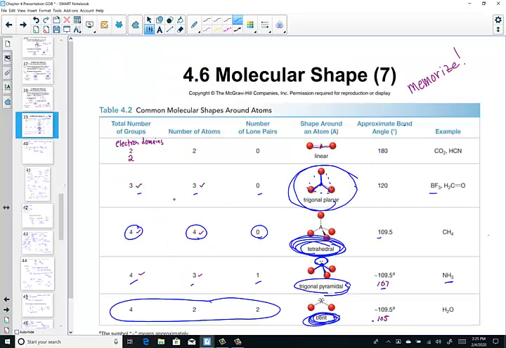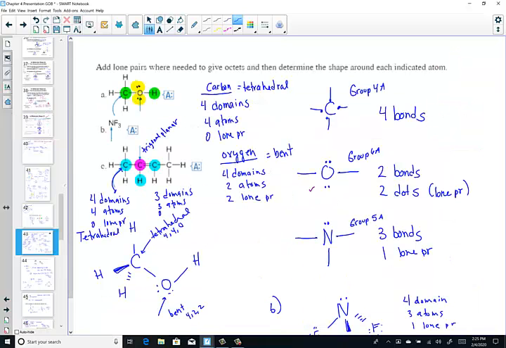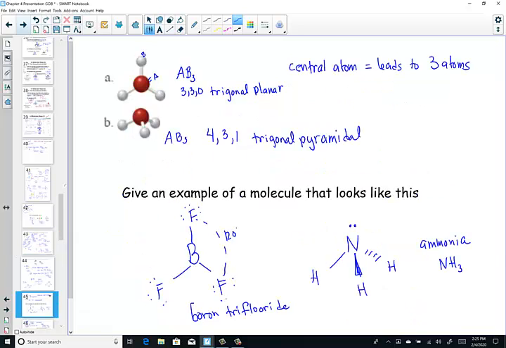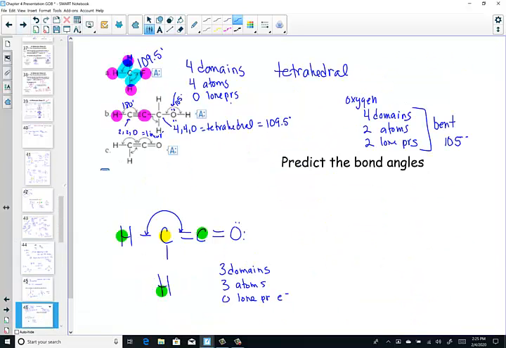Trigonal planar 330. So when you're considering that, don't just let that Lewis dot structure fool you. We've got to go all the way to draw and then find 330. That's called trigonal planar. So this is actually 120 degrees. I know it doesn't look like that, but it's not drawn in the spatial correct orientation.